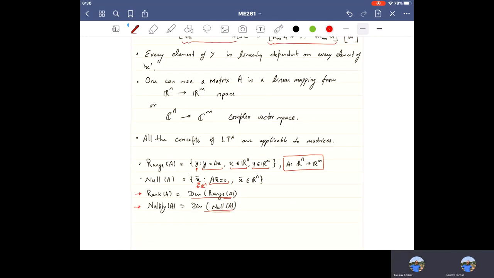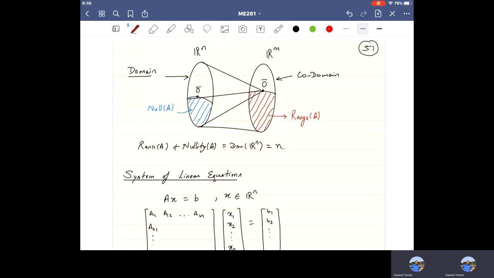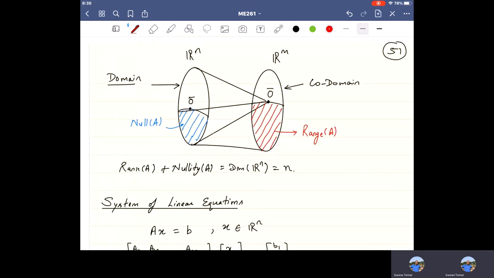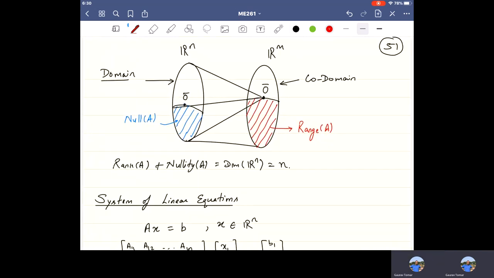Right. So now we can look at the Venn diagram to see this mapping. So let's say we have the vector space Rn and you're mapping it to Rm. I'm not saying anything about the values of n and m. n can be less than m, n can be greater than m, or n can be equal to m.